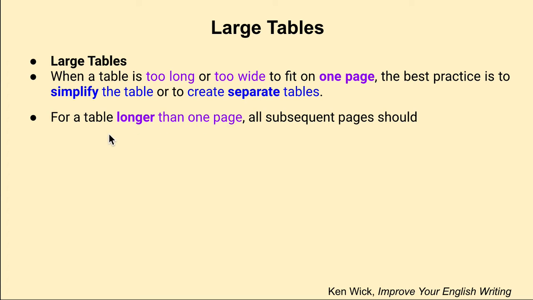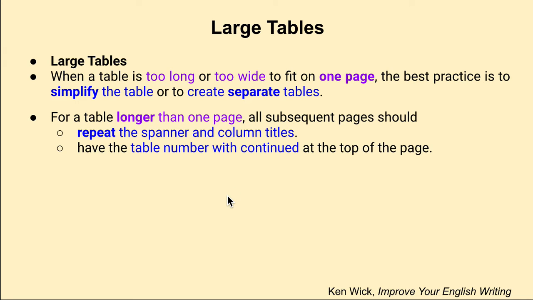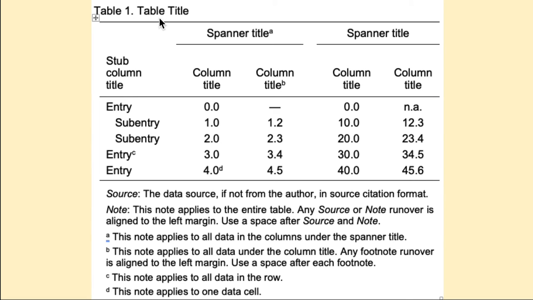However, for a table longer than one page, all subsequent pages should repeat the spanner and column titles and have the table number with continued at the top of the page. For example, Table 1 continued. So if we come here, you need to repeat this block of information right here, the spanner titles and the column titles.